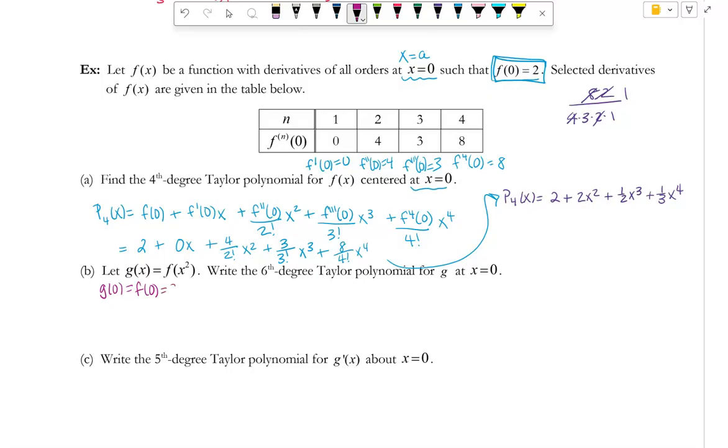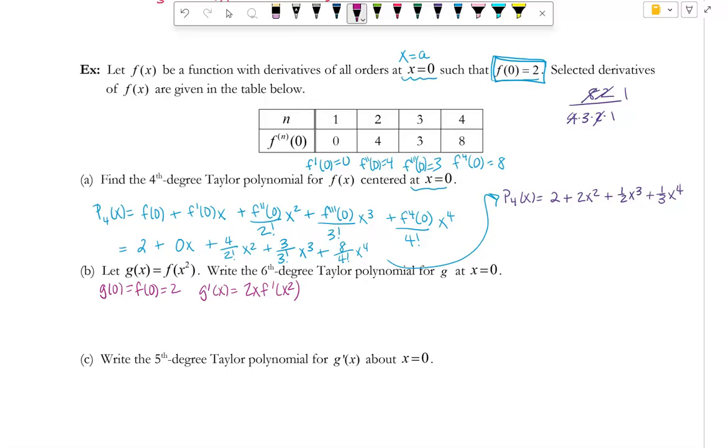But then I would also need my first derivative. Well, I'm going to need a lot of derivatives. I would need my first derivative, g prime, and I would have to remember to use the chain rule here. So when I take the derivative of f of x squared, I would get 2x f prime of x squared.